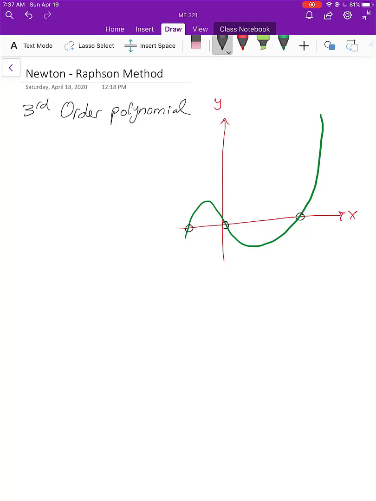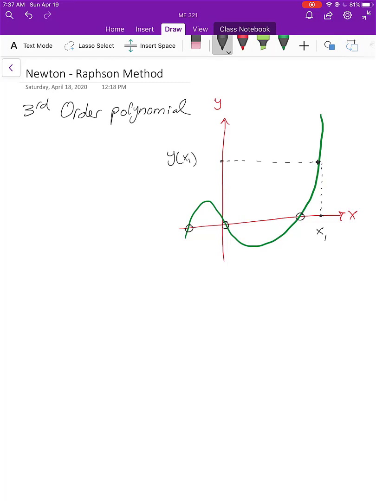So the Newton-Raphson method entails that, well, we can start with an initial guess x1, and the corresponding value of this initial guess on the y-axis will be equal to y of x1.